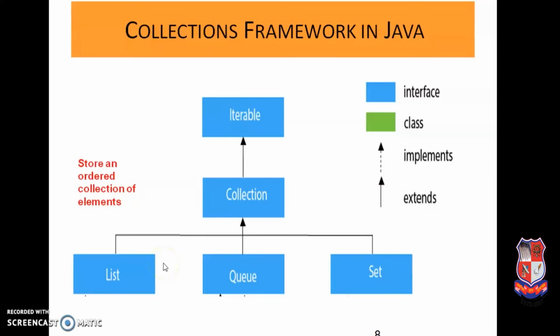List stores an ordered collection of items and it also allows duplicates. Queue stores a collection of objects which are processed in first in first out fashion. So you all know about queues, clear?